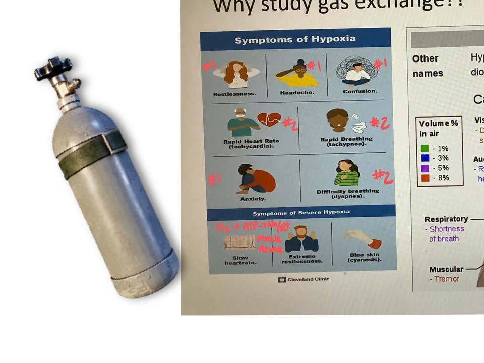Why? Because he couldn't breathe? Yeah. Because it was an emergency? And it wasn't just early signs of an oxygen problem. It was late signs, right? He was completely gray.